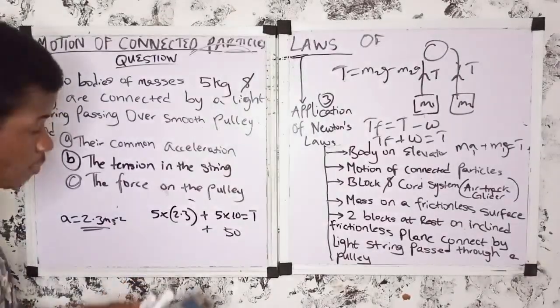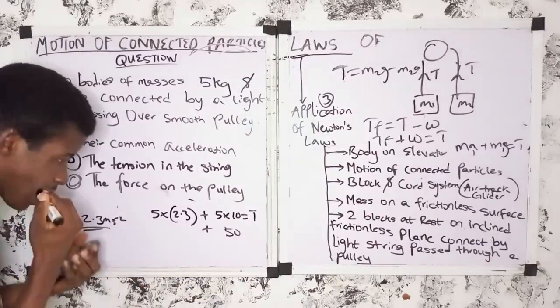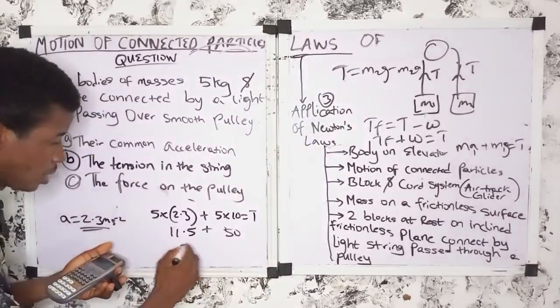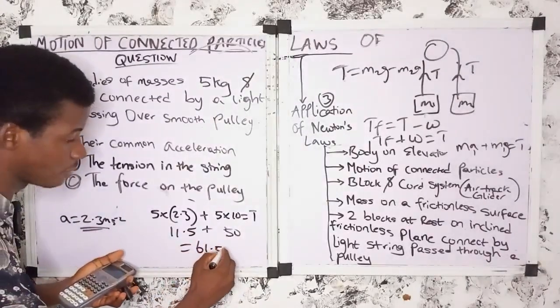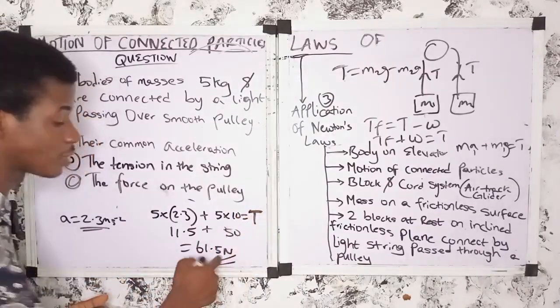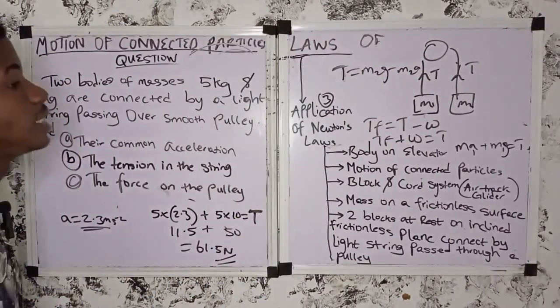So 11.5 plus 50 gives us 61.5 Newton. Remember, tension is a force, so that's why I put Newton here. This is the tension acting on these masses.